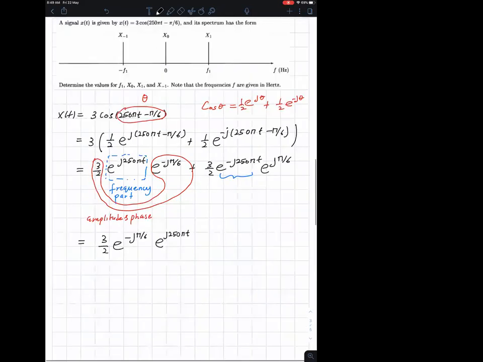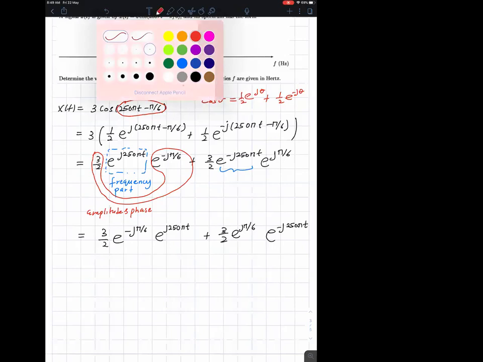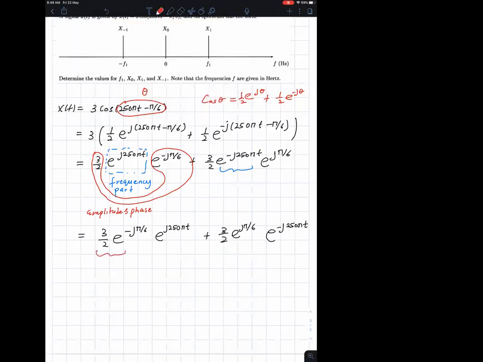Similarly, on the other side, you multiply the amplitude with the phase part, and the frequency part, the other, separate. So it's easier for you to see the coefficients. So like this part is the coefficient.